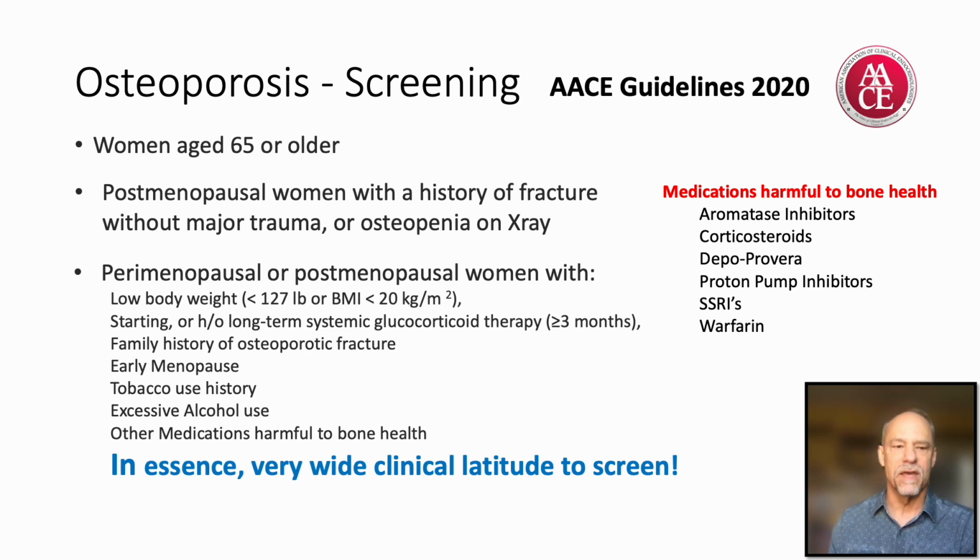They go on to say that there are many other reasons we can get a DEXA scan, including women that are perimenopausal or postmenopausal with low body weight. They're at increased risk.